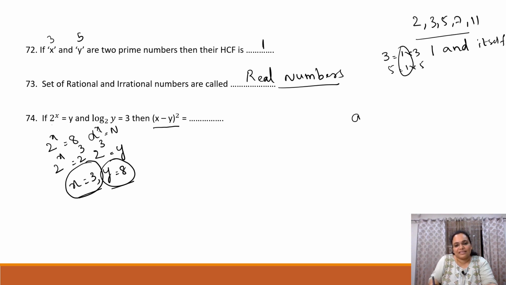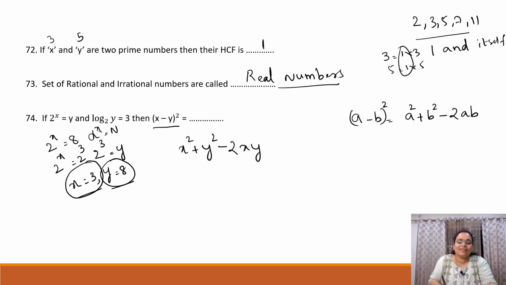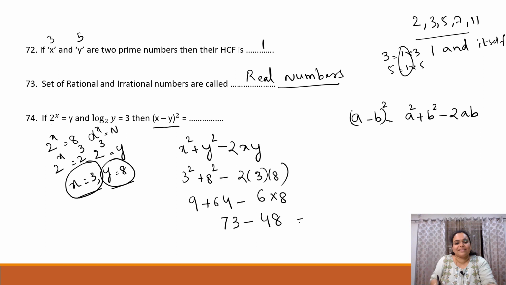If you see, this is in the form of a minus b whole square. So that is a square plus b square minus 2ab. So that will be x square plus y square minus 2xy. Okay. So what is x value? It is 3. 3 square plus 8 square minus 2 into 3 into 8, which is your answer, 25.